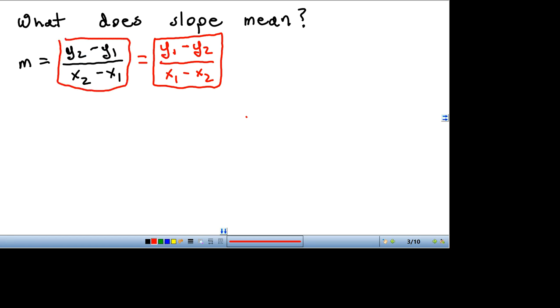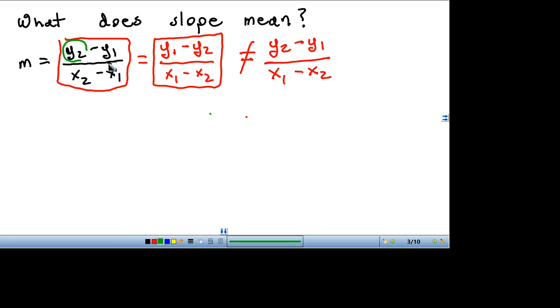Now, I'm going to show you something that it cannot be. Okay, this is where students make a mistake. You cannot do it this way: y2 minus y1 over x1 minus x2. You can't do it like that. Here's the thing I want you guys to know.